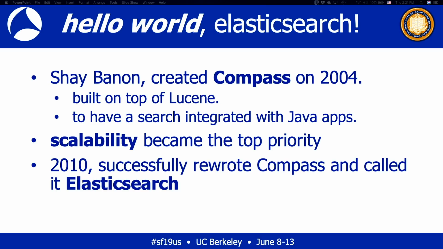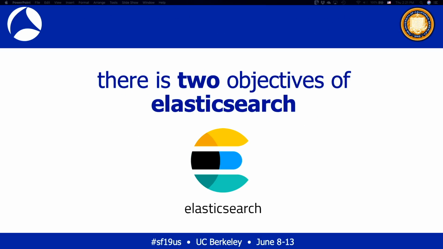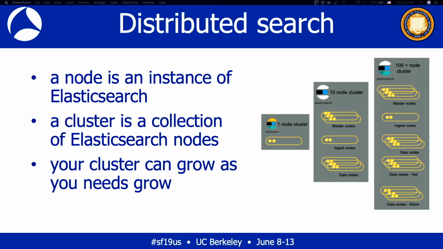Actually there are two objectives of Elasticsearch. First, they wanted the project to be distributed. So they introduced the node, which is an instance of Elasticsearch. We have a node and we have what we call a cluster.